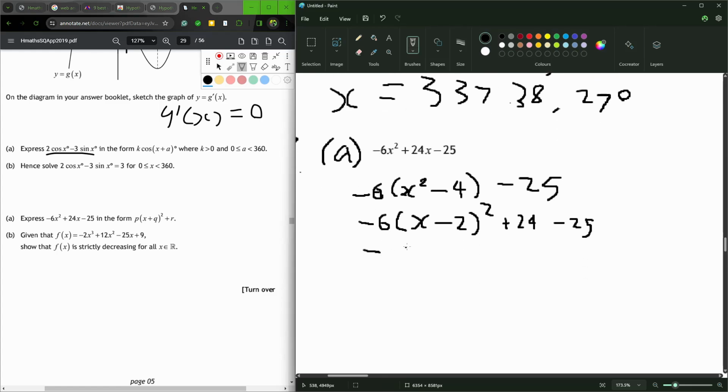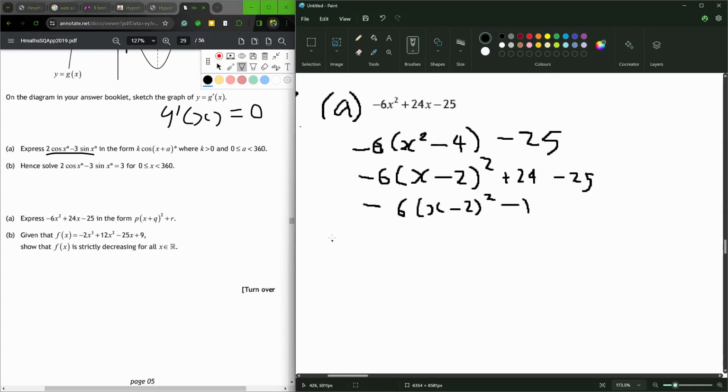Then all we need to do from here is just clean things up. 24 minus 25 is just minus 1. There we go. Okay, and that's all we need to do for A. That was 3 marks right there.